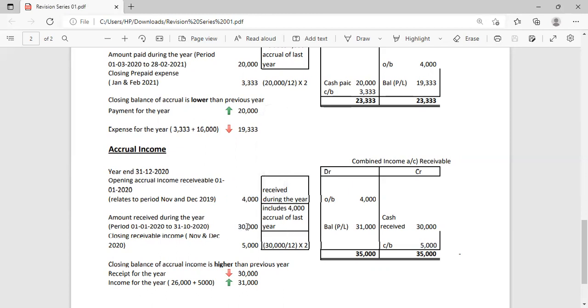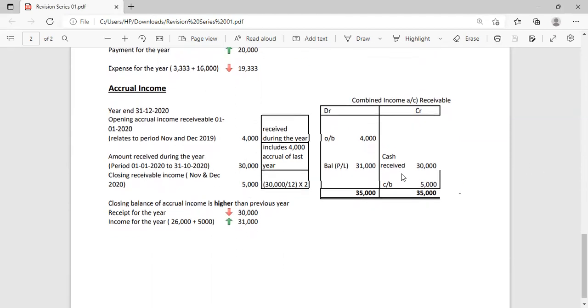You see that 30,000 was received during the year, which includes 4,000 of the previous year, and we can calculate the closing balance regarding November and December. Accrual income will be the closing balance. You will place the opening balance, closing balance and cash received, and you will get the balancing profit and loss figure. If the closing balance is higher than the opening balance, your receipt is lower and your income is higher.